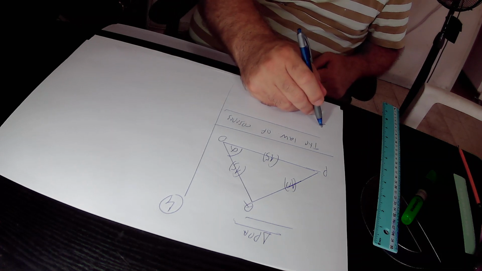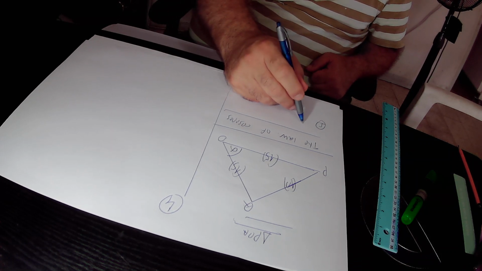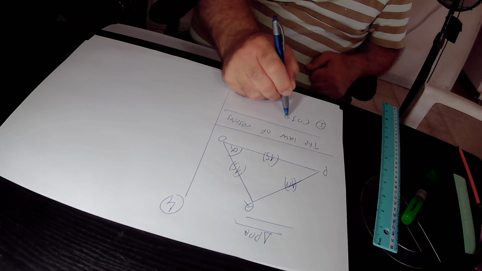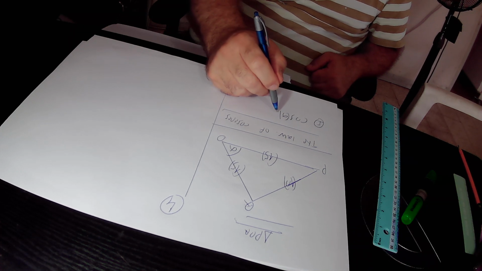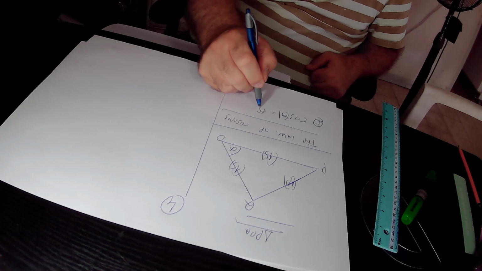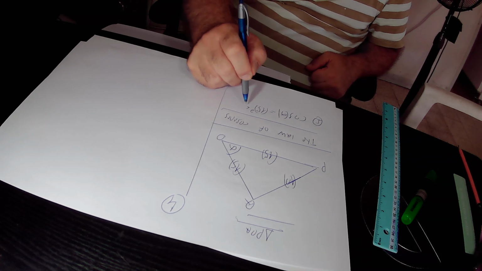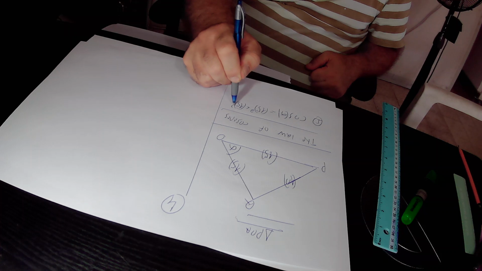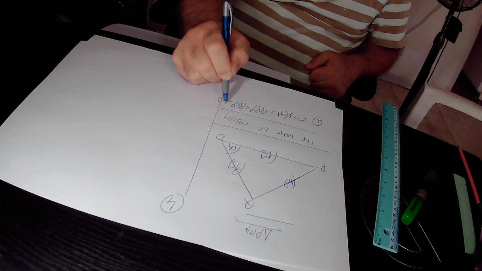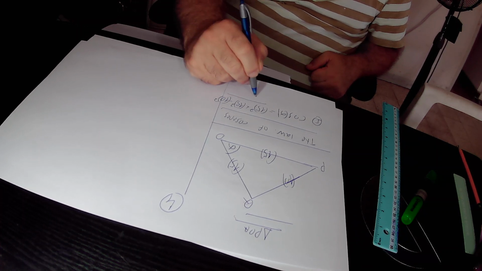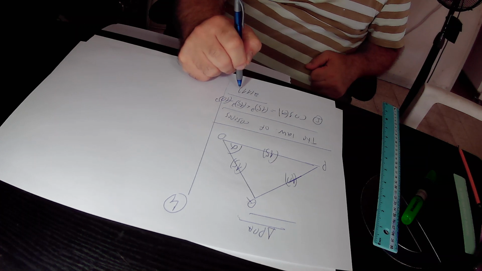This will be equation 1: cosine alpha equals 15 squared plus 15 squared minus 10 squared over 2 times 15 times 15.